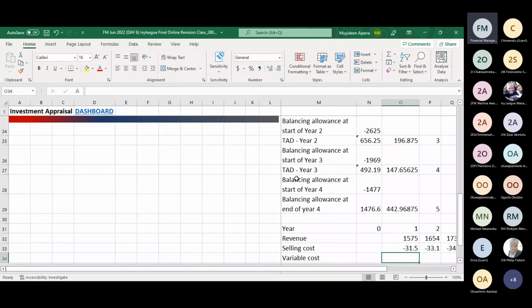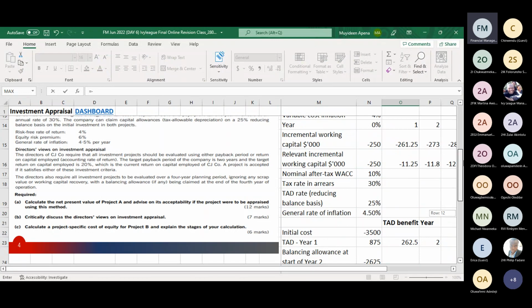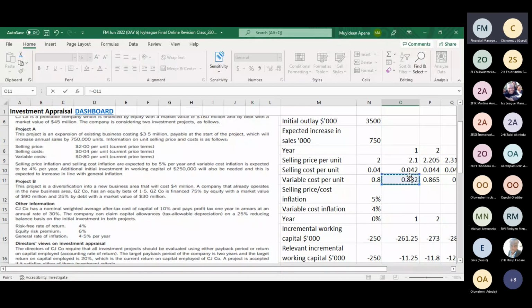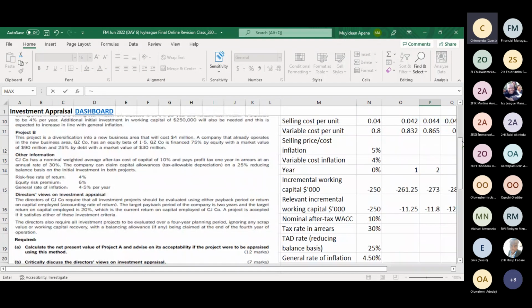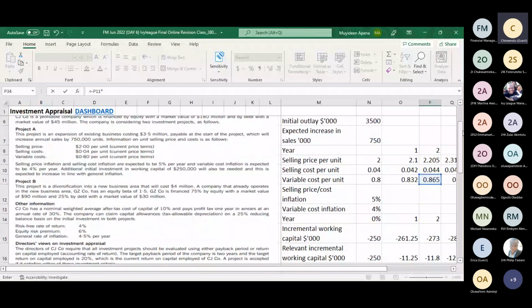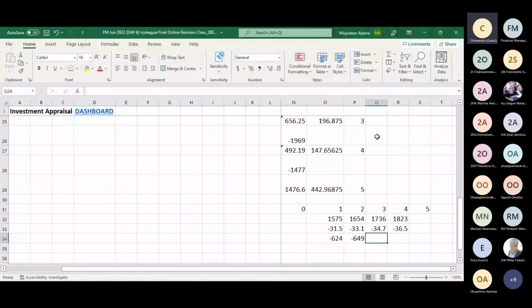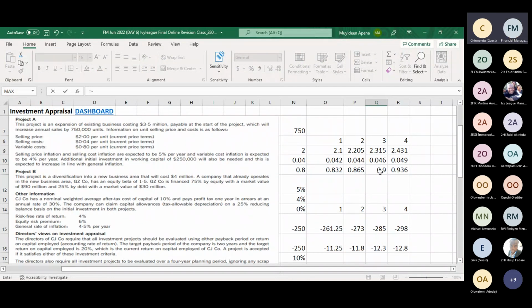Variable cost as well. In year 1, 0.832 times 750,000. Year 2, 0.865 times 750,000. Year 3, 0.9 times 750,000.